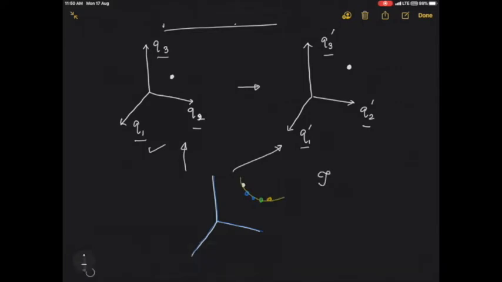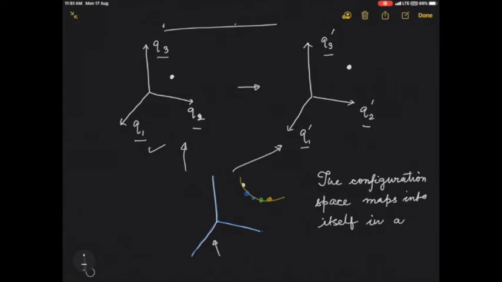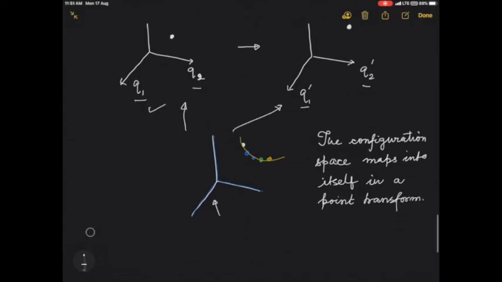So we can say that in the configuration space, this is happening just because in all of the cases I have the coordinate axes as the Cartesian axes, which map into themselves, meaning that they can be put on top of each other in a point transformation. And remember that if I do many such transformations, I will get a C curve.